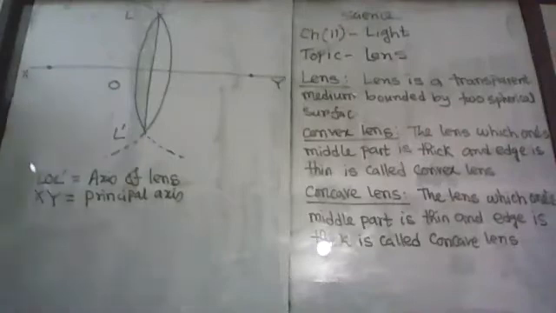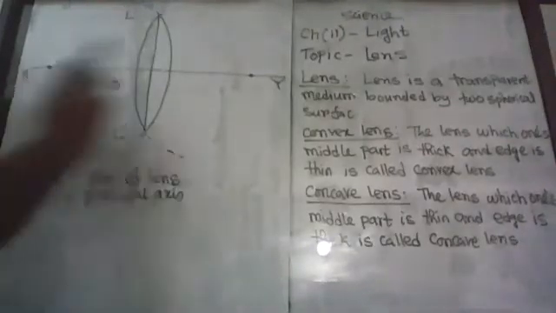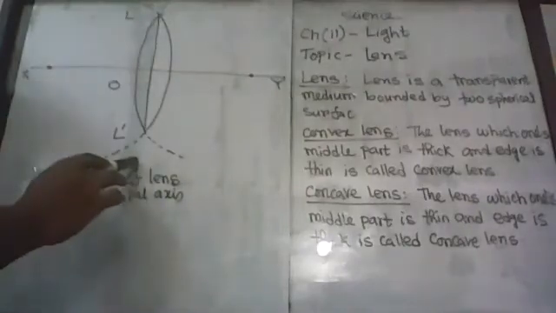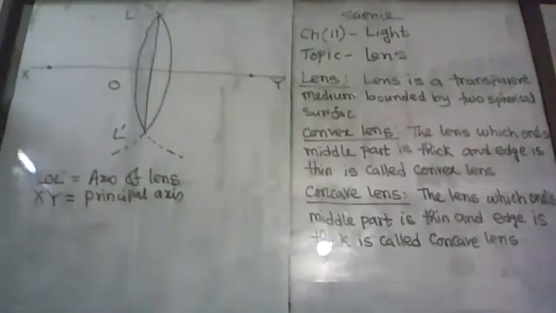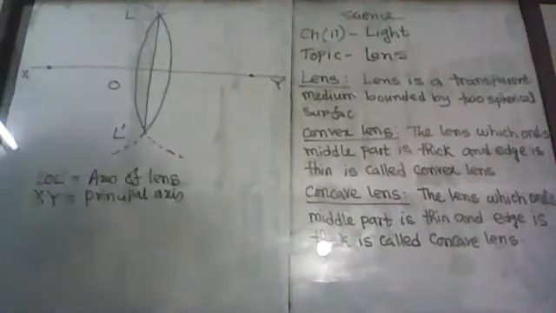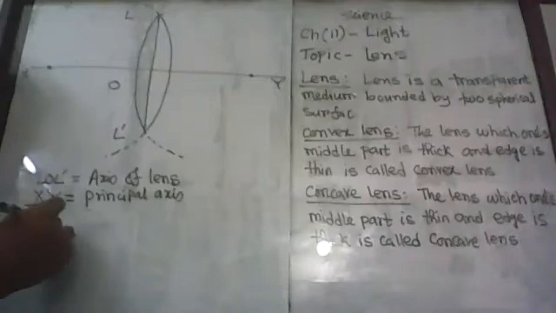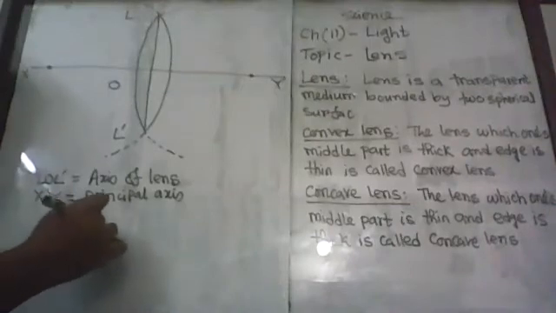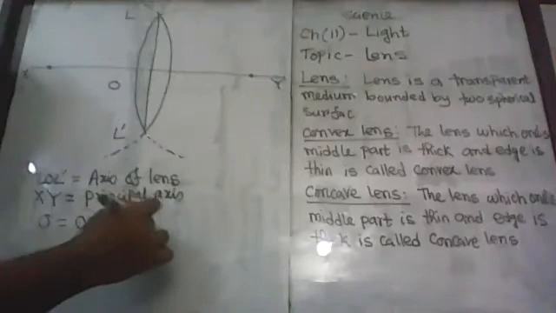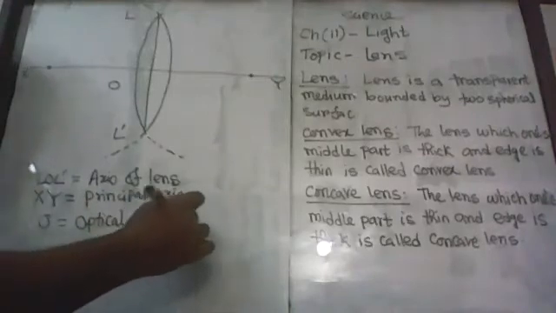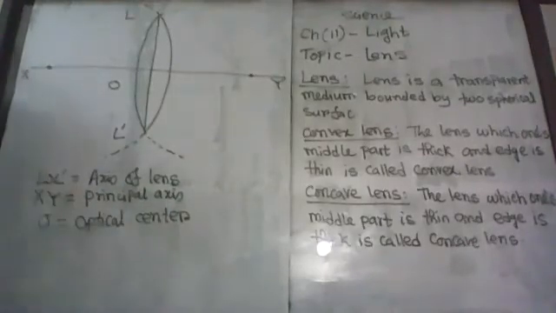You see, this principal axis and the axis of lens intersect at a particular point. I repeat, boys and girls, that particular point is called the optical center. So here point O is called the optical center.